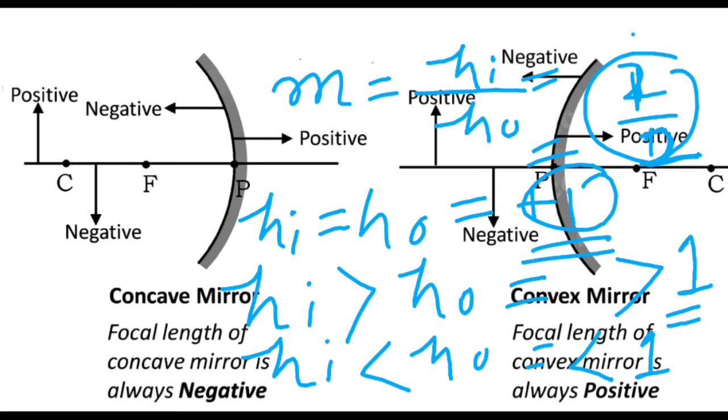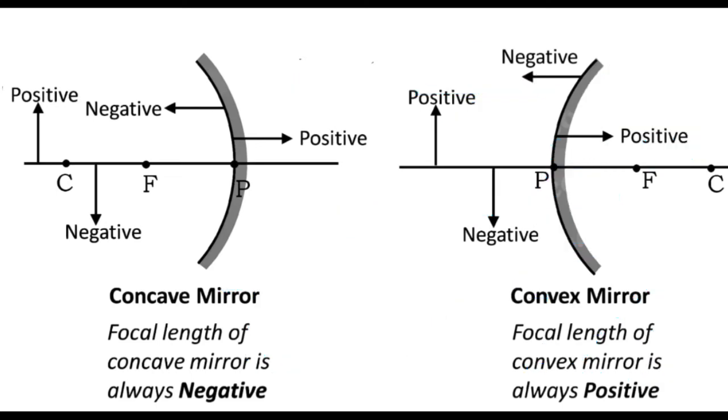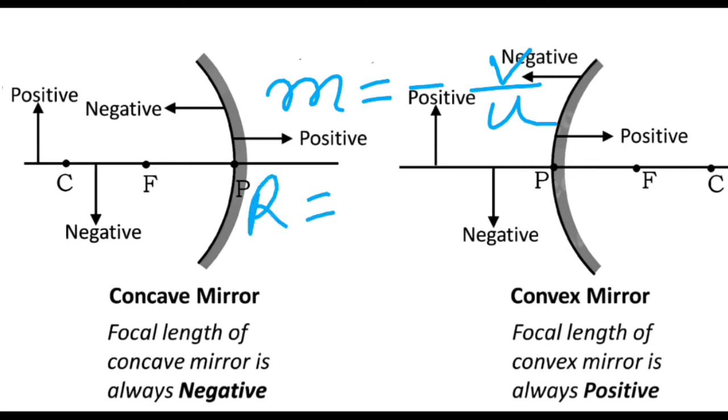Again, if we compare the magnification with respect to the distances, which is v by u, from this we can evaluate whether it is a real or virtual image. Suppose for a concave mirror, a real image lies in front of the mirror, pole to the left, so v is negative.